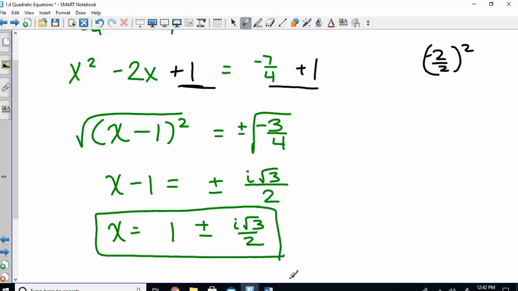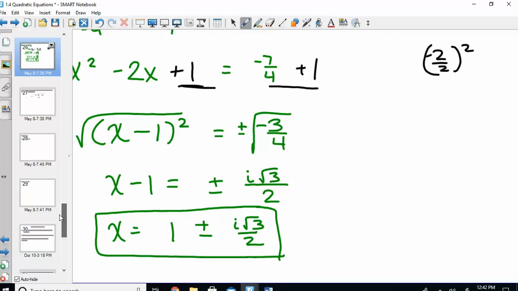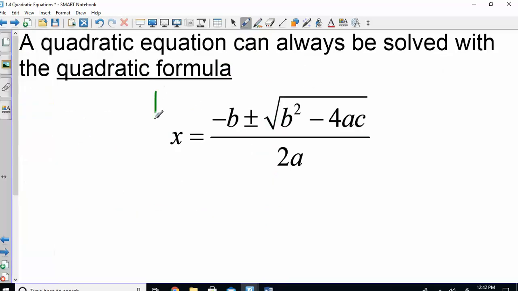What is the other thing that you can do? No matter what quadratic I give you, it always works. Box method sometimes works. It's the fastest, if it does work. Quadratic formula. No matter what, if it doesn't factor nicely, you can solve it with the quadratic formula.